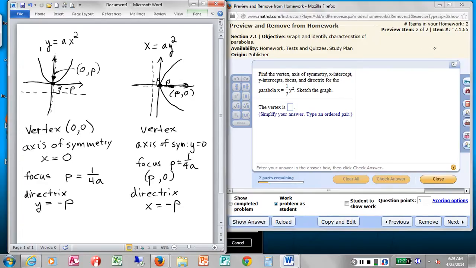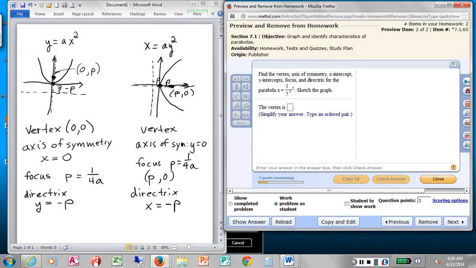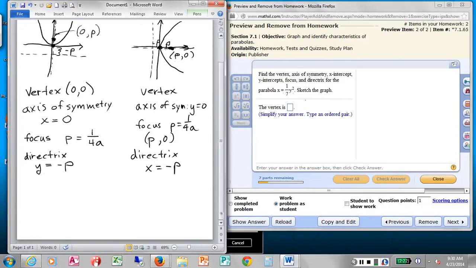All right, so let me come over here to one of the homework problems. It says find the vertex, axis of symmetry, x-intercept, y-intercept, focus, directrix. And our parabola is x equals 1/7 y squared.